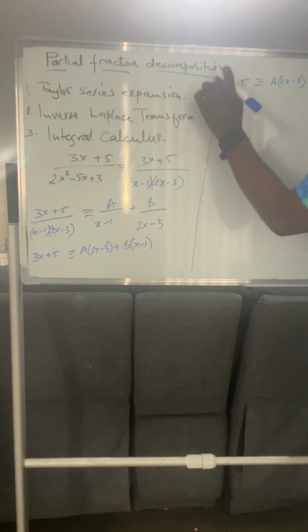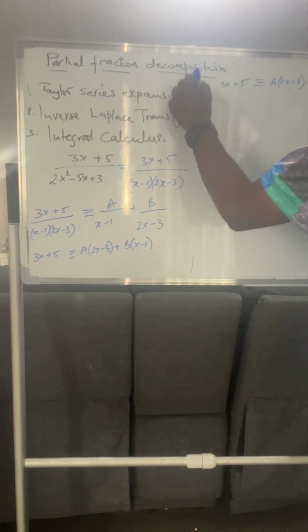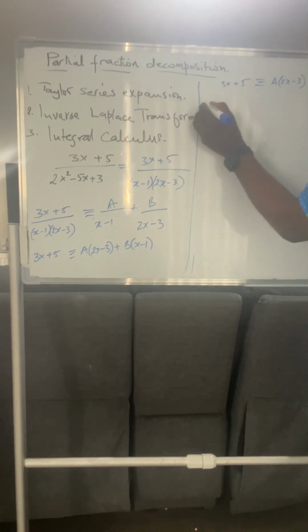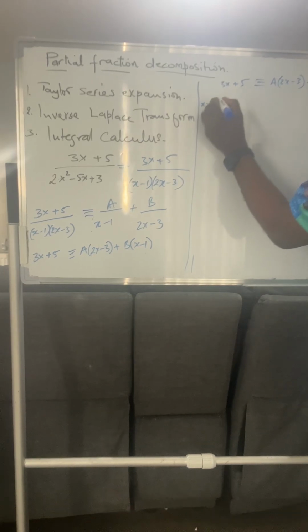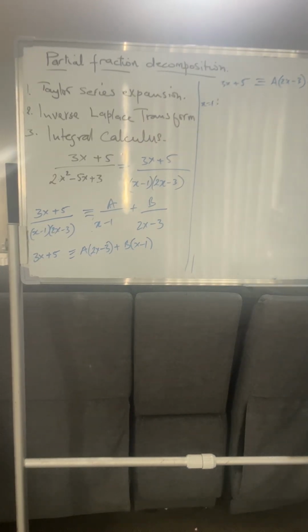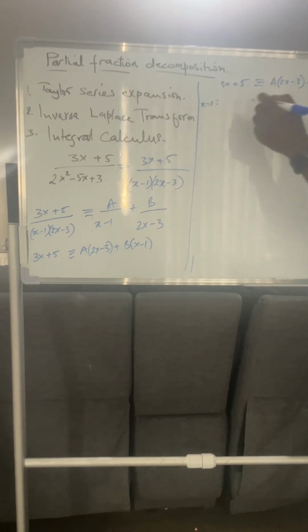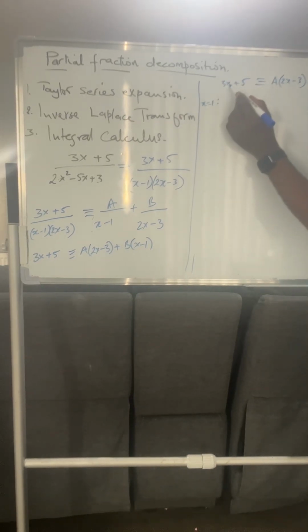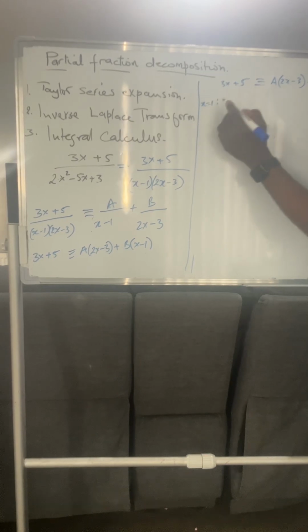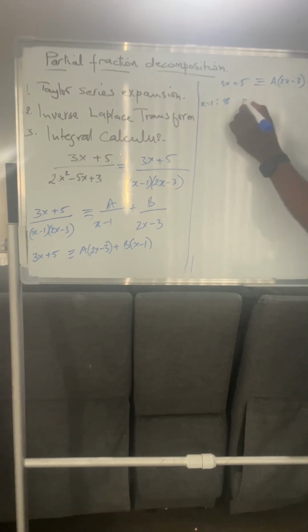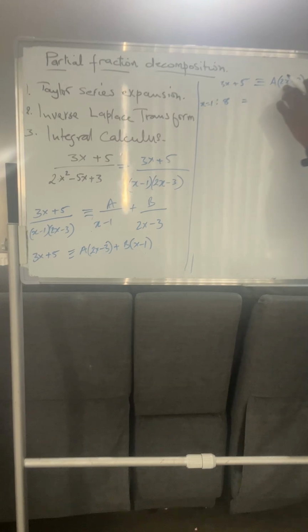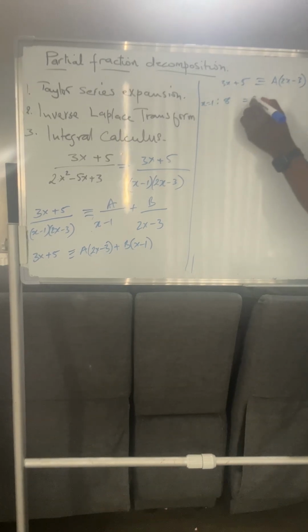That is, if you say x equals 1, you will have here 1 minus 1. That will go to 0. Then everything here will be 0. So b is gone. So you're only left with a. So if x is 1, this is going now to be 3 times 1, which is 3, plus 5. This will give you 8. If x is 1, you have your a outside.